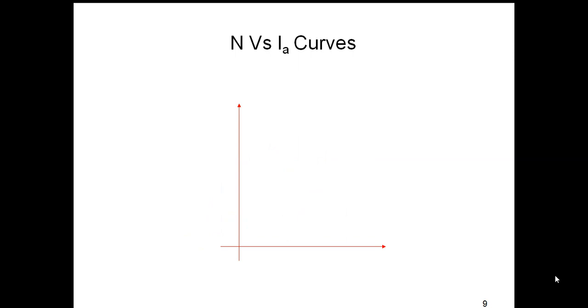Now let us draw the characteristics curves between speed N and armature current IA.